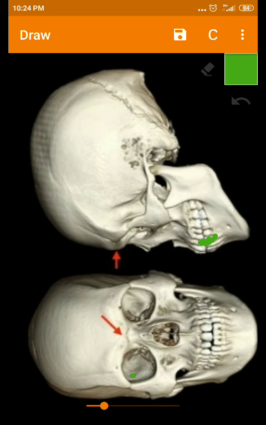That means if the maxillary and mandibular teeth maintain a space of 1.5 to 5 millimeters, then the mandible is at the resting position.